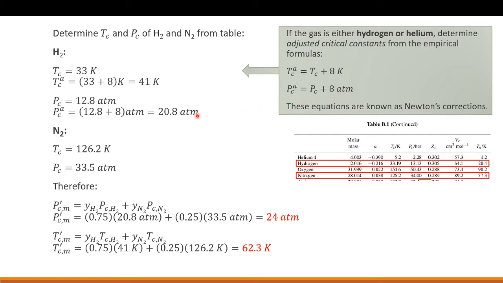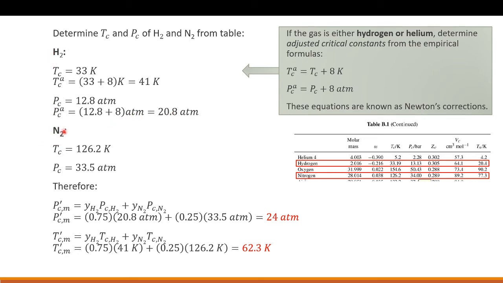This is the adjusted critical constant. That's why we have an A here. A stands for adjusted. So this one we also add 8 ATM, which gives us 20.8 ATM. This equation is known as Newton's correction, and it only applies to hydrogen and helium.